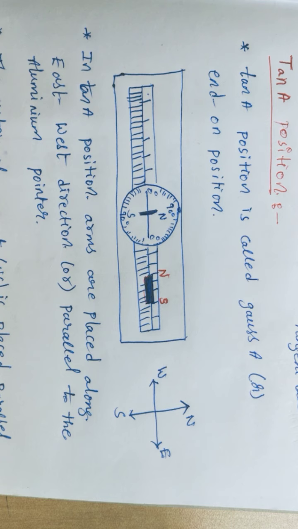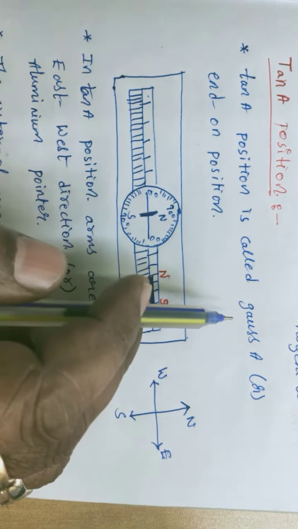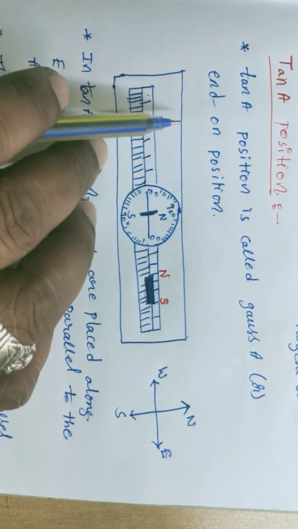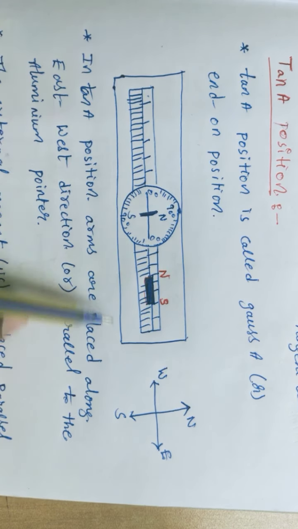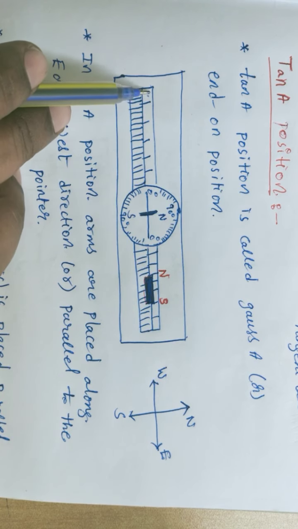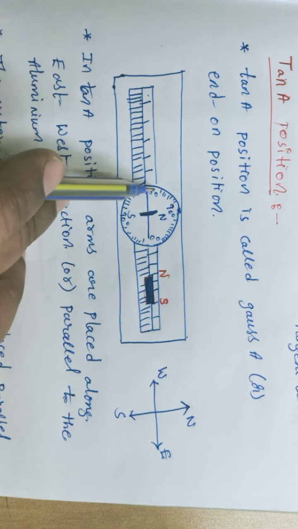For the tan A position, a few more names are also present. We also call it the Gaussian position or end-on position. Here, think of one big wooden board. On this wooden board, one scale is permanently fixed.